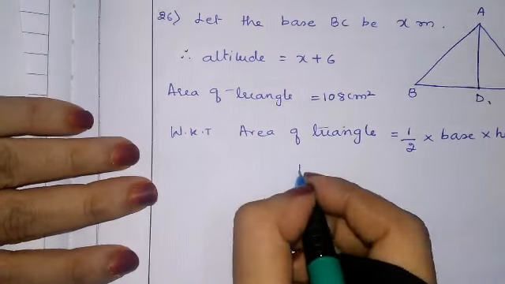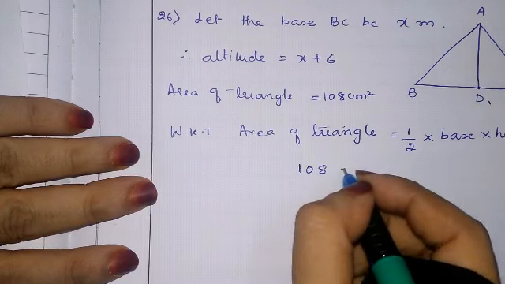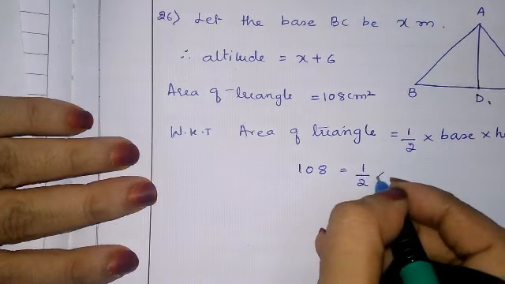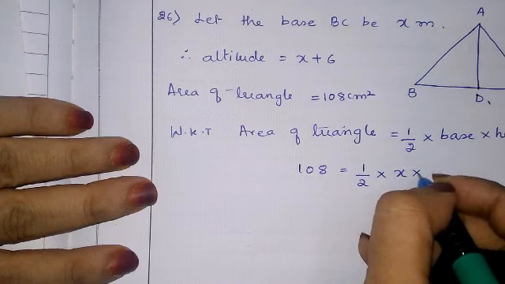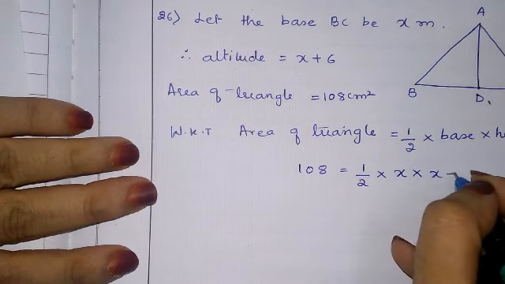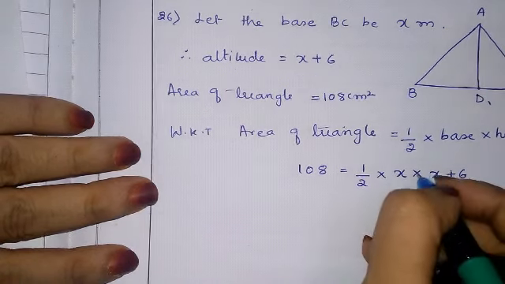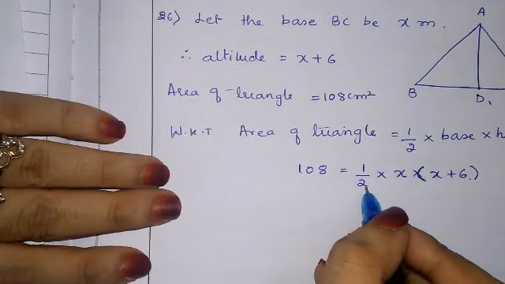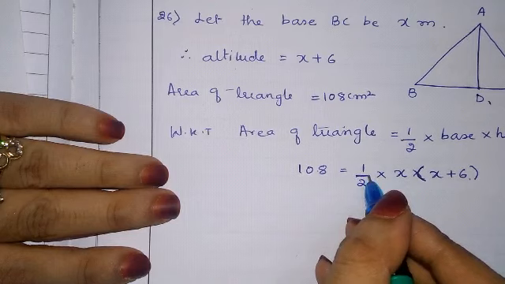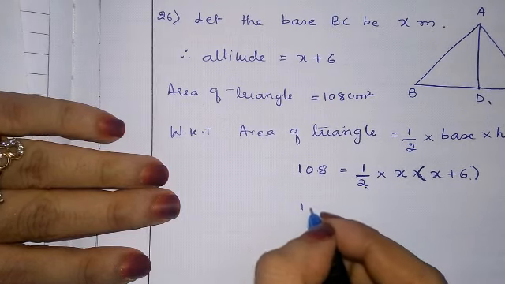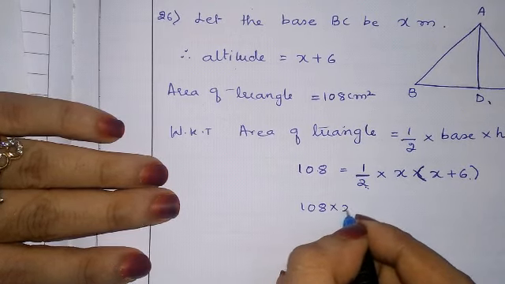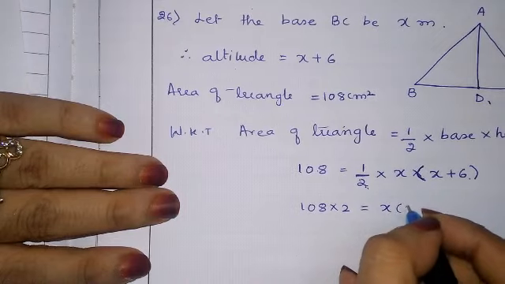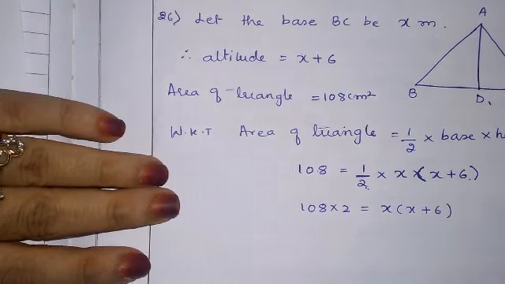Area of triangle is 108, half, base we don't know, x, and height, altitude, is x plus 6. Okay, this is in brackets. So now 2 we will multiply here because it is in divide position. 108 into 2 is equal to x into x plus 6.